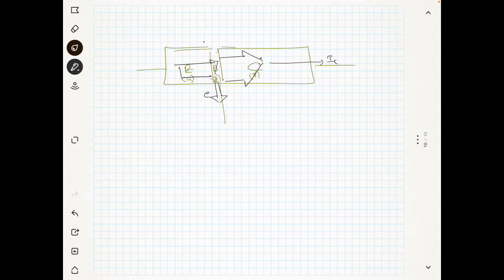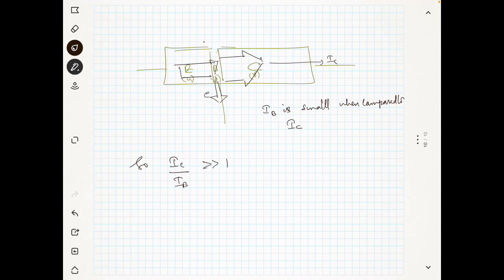So the base current IB is very small when compared to IC. So IC over IB will be a number which is very much greater than 1, and it usually has values like 300, 400, etc.